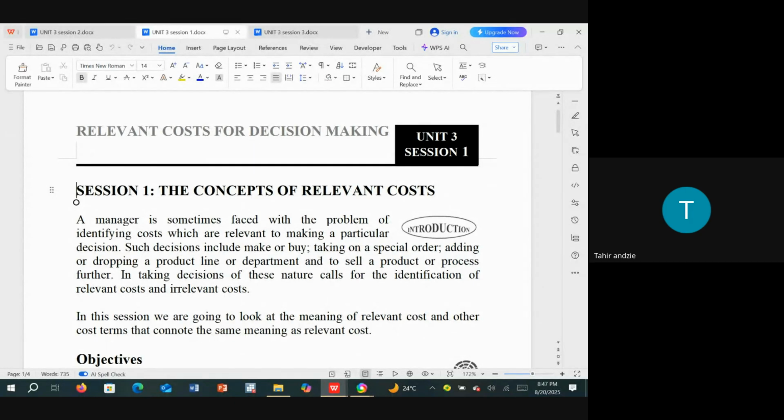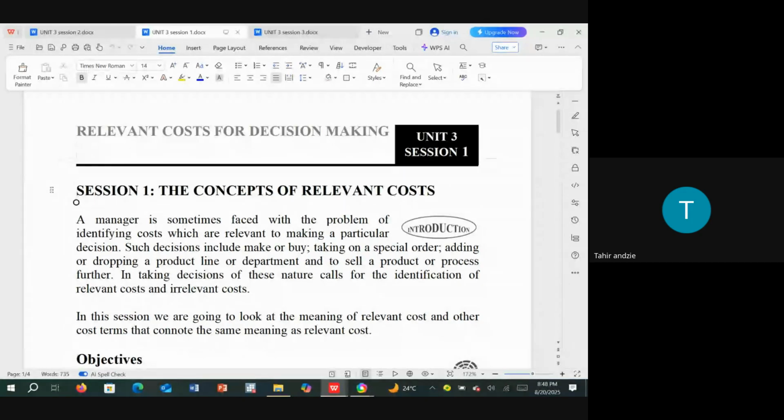Such decisions include make or buy, taking on a special order, adding or dropping a product line or department, and whether to sell a product or process it further. In taking decisions of this nature, it calls for identification of relevant costs and irrelevant costs.